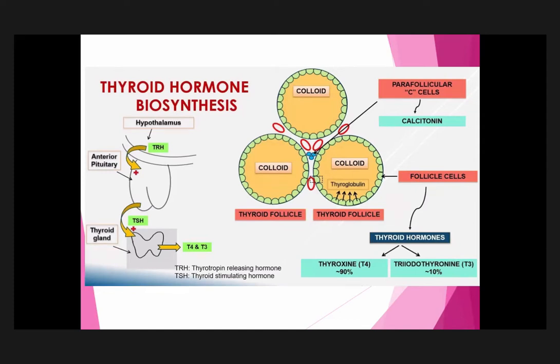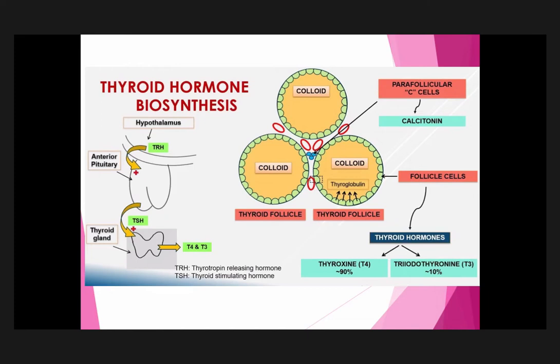You see here a schematic structure of the thyroid gland, of the cells of the thyroid gland. You see colloid in the middle of this circle. The colloid is thyroglobulin, surrounded by follicular cells, and between the follicular cells there are vessels and parafollicular cells.